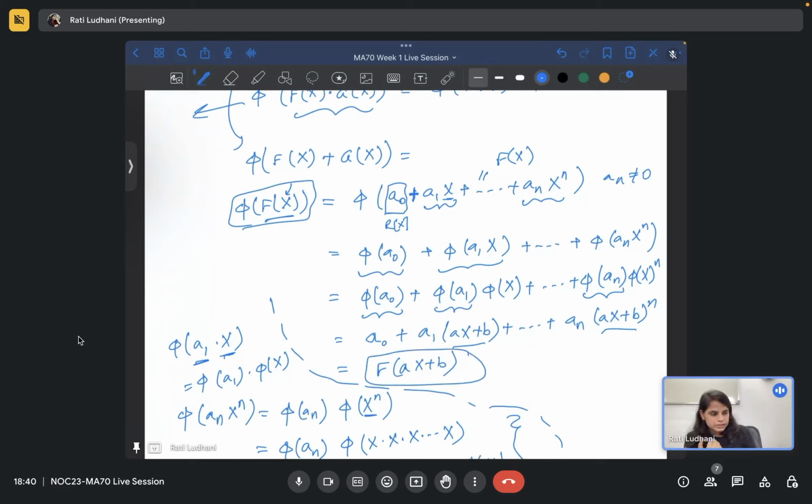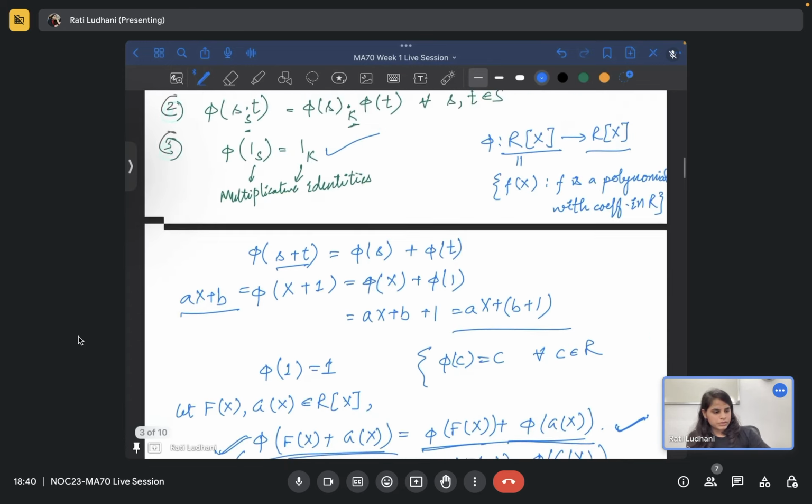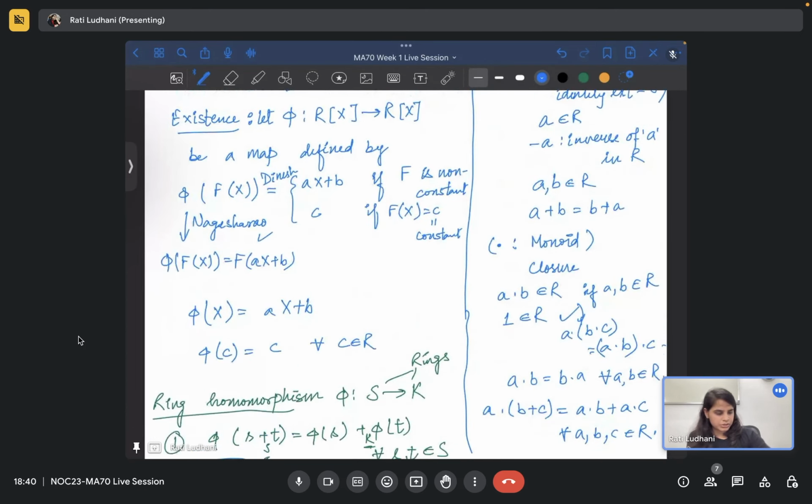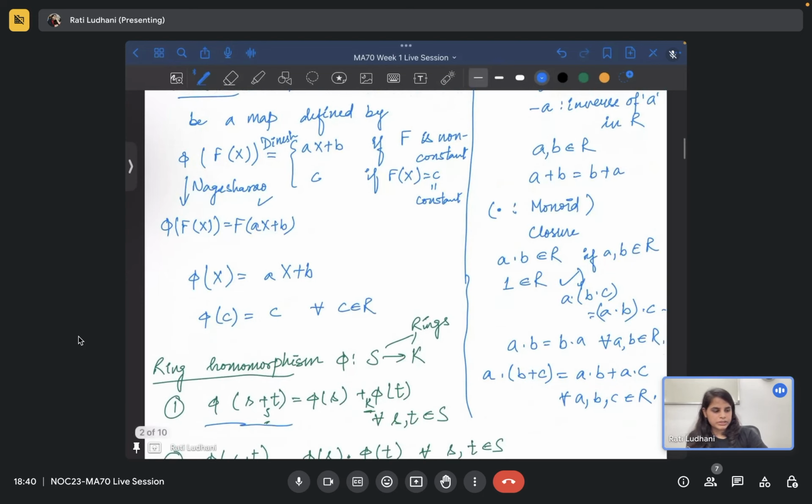So in terms of existence, I have constructed it like this, but it still remains to verify that this is a ring homomorphism, because I used properties of ring homomorphism. So, as Nageshwar Rao said, phi of f(x), let's map it to f(ax plus b).